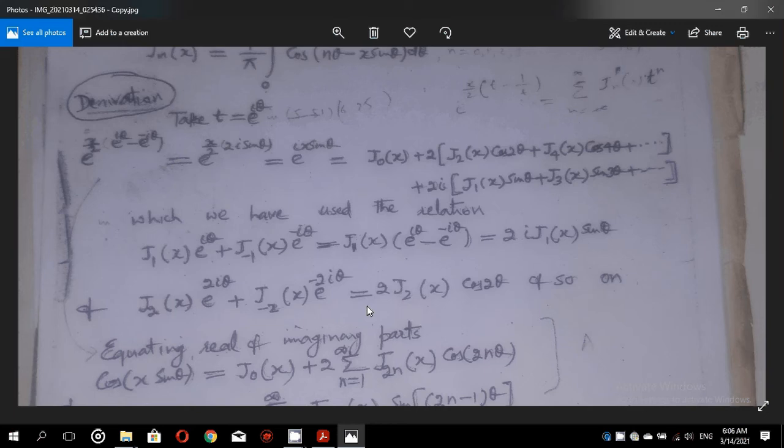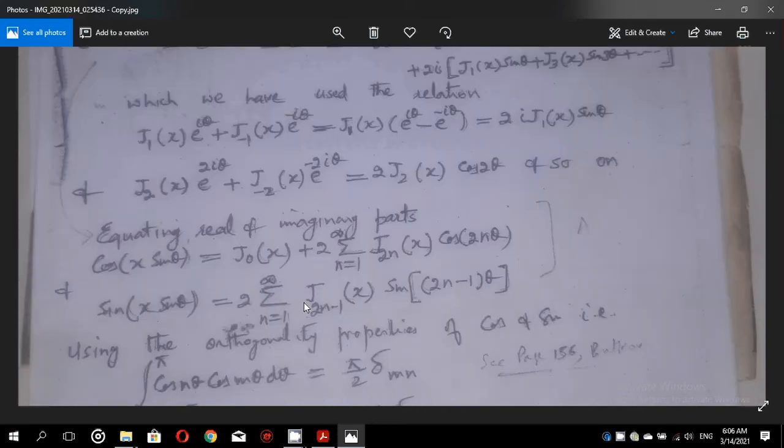So I have written here, cos(x sine theta) is equal to J_0(x) plus 2 times the sum n from 1 to infinity of J_2n(x) cos 2n theta, and similarly comparing the imaginary parts, this is what we get.